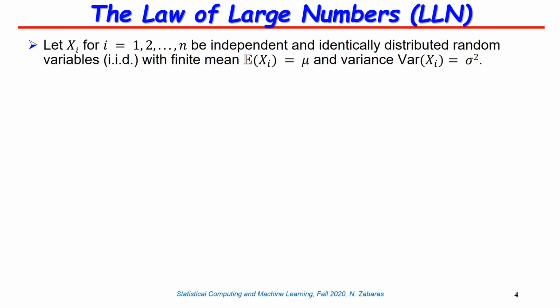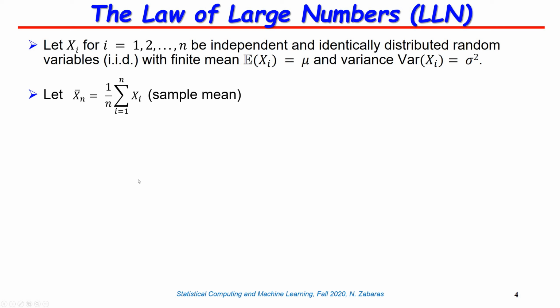I am not telling you what the underlying distribution is, so it can be anything; the only thing is that they come from some distribution that has a mean mu and a variance sigma square. So I introduced in an earlier lecture the sample mean that you see defined here again.